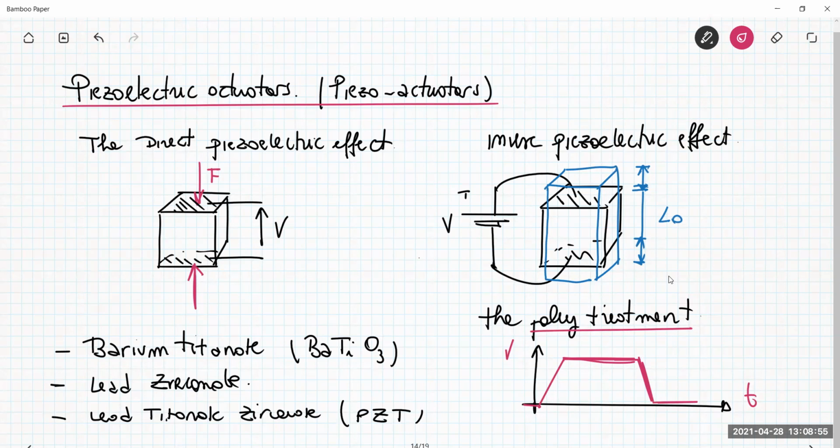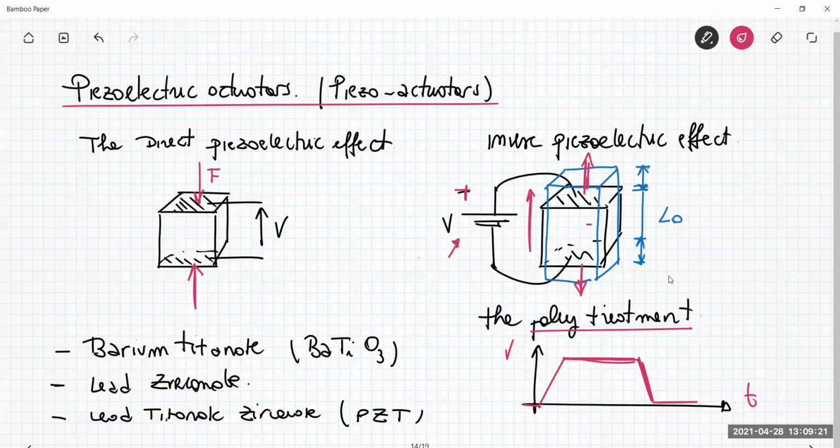I have to say that when you have this voltage applied to the material, of course, you have a deformation of the piezo material that comes in all directions. So you can have a deformation in this length, for example, in the same direction as the applied electric field.